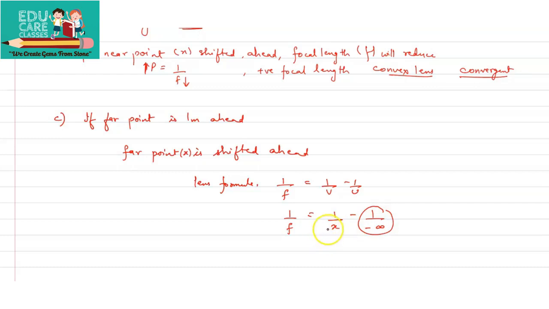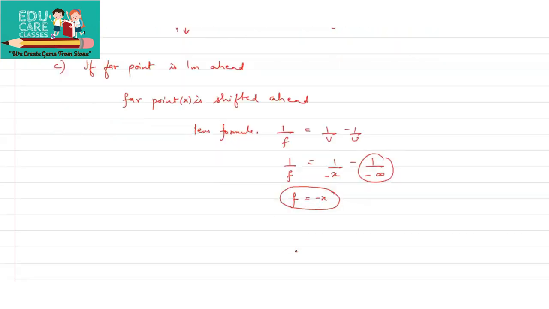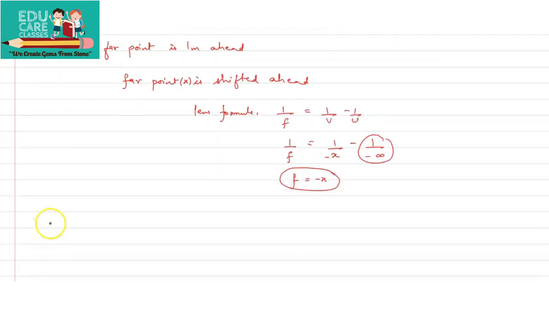Since x is to the left side, we take it as negative, so we get focal length as minus x. Power is equal to 1 by focal length, the reciprocal of focal length. If the focal length is increasing, the power will reduce.